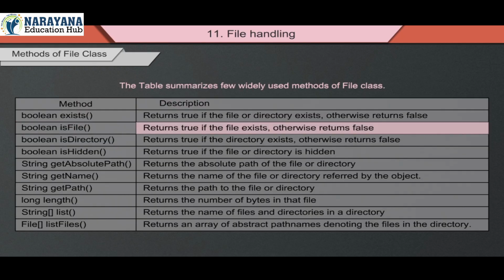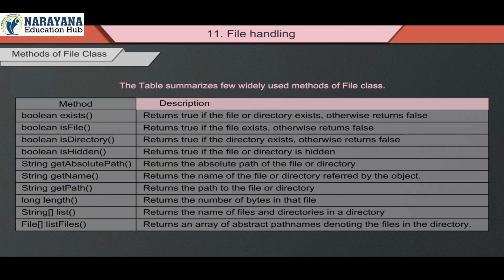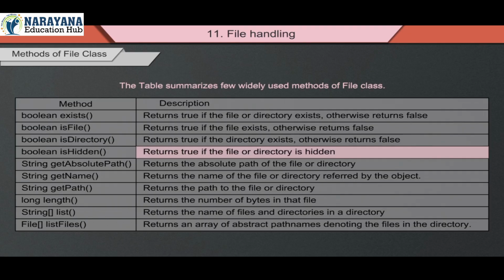Description: returns true if the file exists, otherwise returns false. Method: boolean isDirectory(). Description: returns true if the directory exists, otherwise returns false. Method: boolean isHidden(). Description: returns true if the file or directory is hidden.